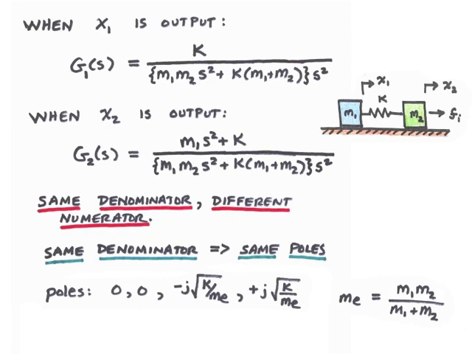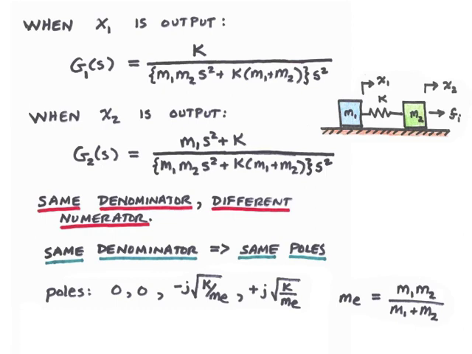Let's recall what the poles are. When we found the transfer function between Fi and the output x2, we found the poles to be 0, 0, minus j square root of k over me, and plus j square root of k over me, where me was m1 times m2 divided by m1 plus m2.